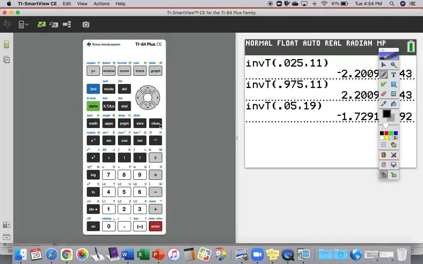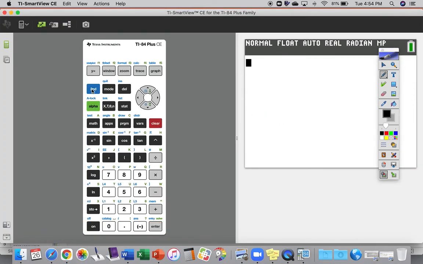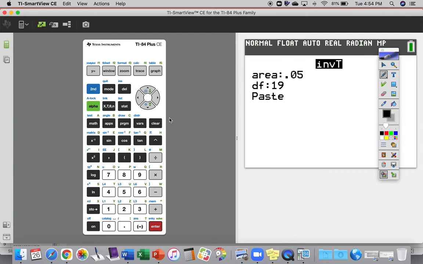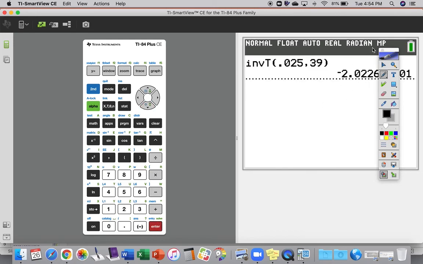Calculator open. If you wanted to know inverse t, just if you wanted to, it would be area 0.025 because it was 95%, so 2.5 on each side. Degrees of freedom here is 39, 40 minus 1. So will the book tell you that t star is, drop the negative, 2.02?